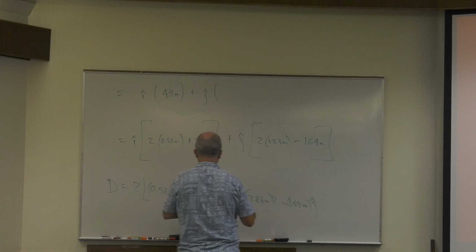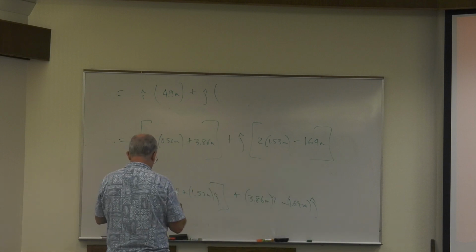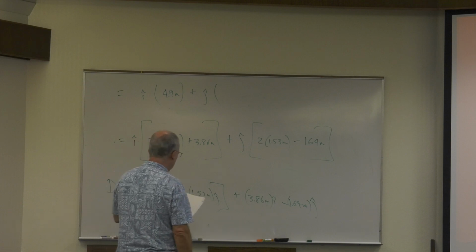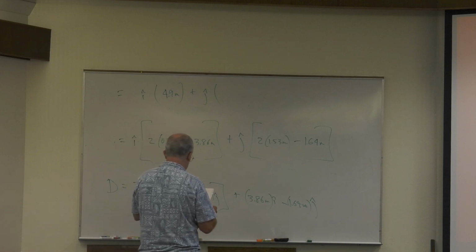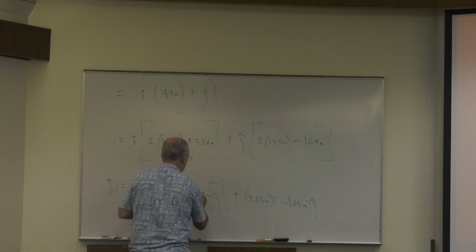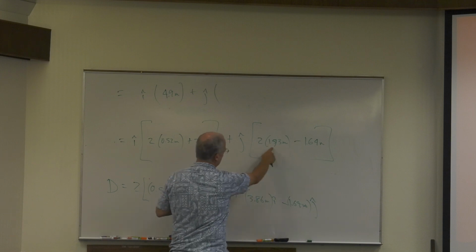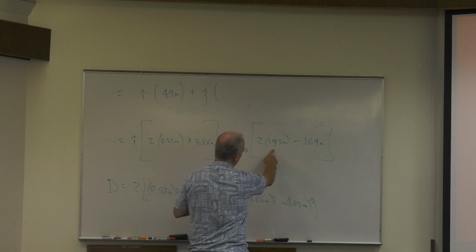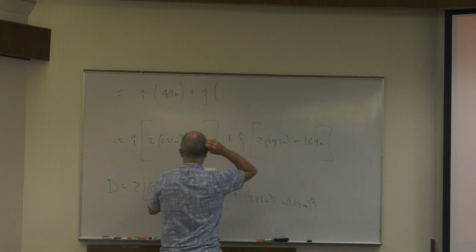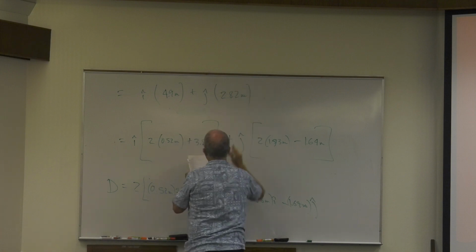Wait a minute, did I do something wrong? Oh, I did something wrong. It's supposed to be a 9. Dang it. Sorry. So 2 times 2 is 4 minus 1.5 is like 2.5. So 2.82 meters.